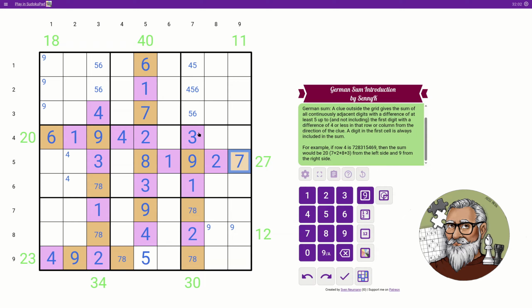Maybe I should just pencil mark the things that are still possible or make sense at least. 6, right? That's not 6 or 9. This one isn't 7 or 9. Okay, didn't help as much as I hoped.